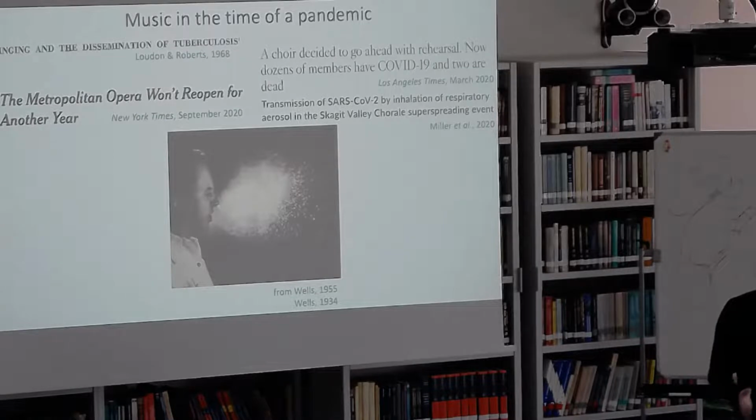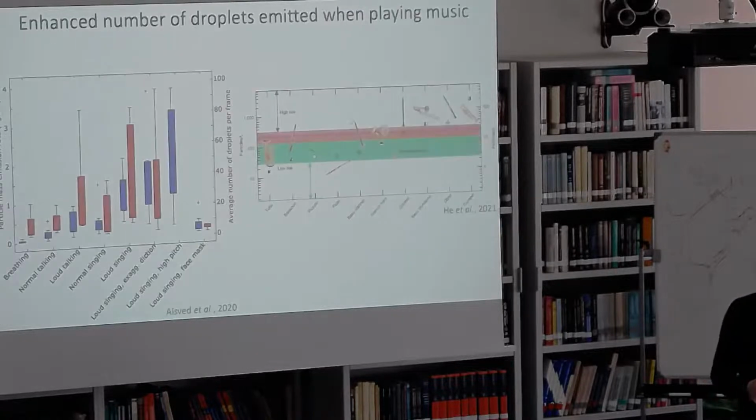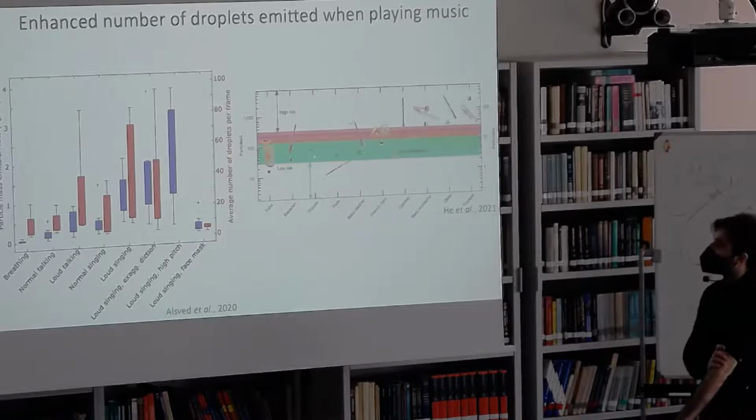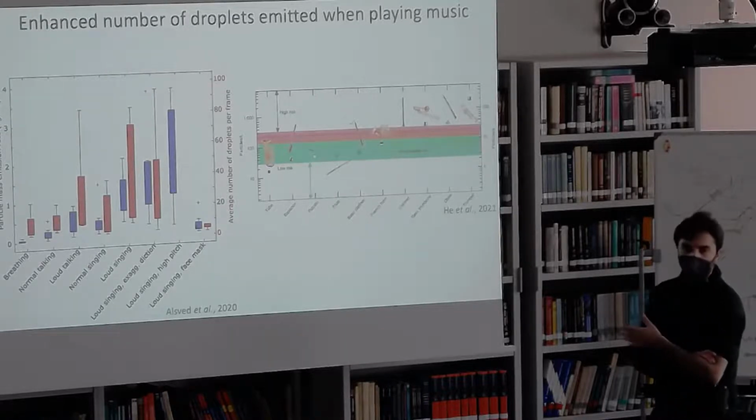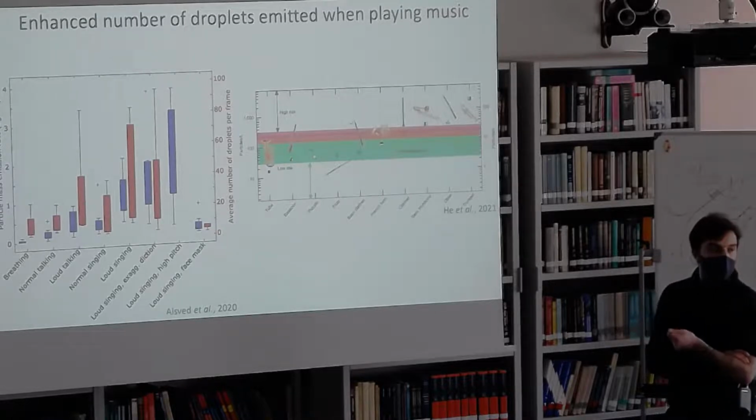It's also very well known for music. It has been studied for tuberculosis in '68 previously. And why is it so important when playing music is basically that when you play music, you increase the amount of droplets that you generate.